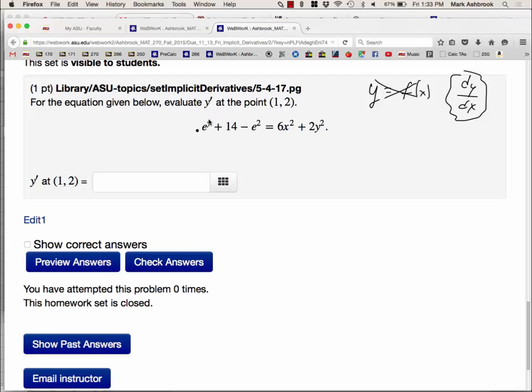So if y is a function of x, then how do we take the rate of change of e to the y? We're going to take the rate of change per term. So we're going to have e to the y. But y is a function of x, so by the chain rule, this is like a composite function, right? So times y prime.